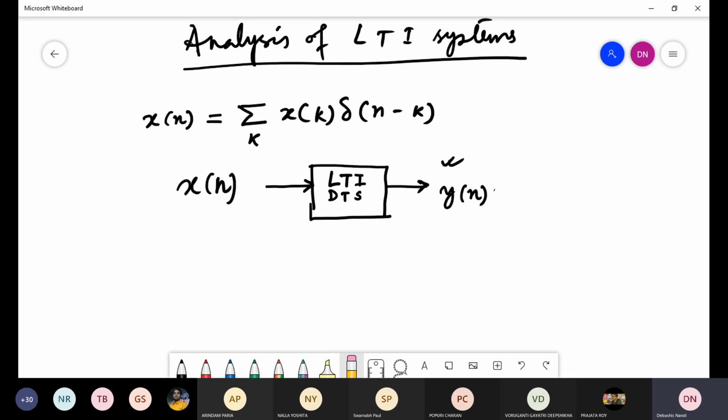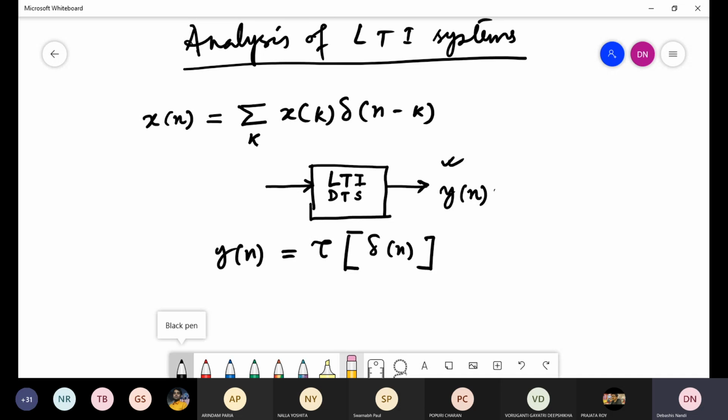Here, h(n) is written as a transformation on delta(n). Am I correct? Since the system is time invariant, therefore, if the input becomes delta(n minus k), then what should be the output?